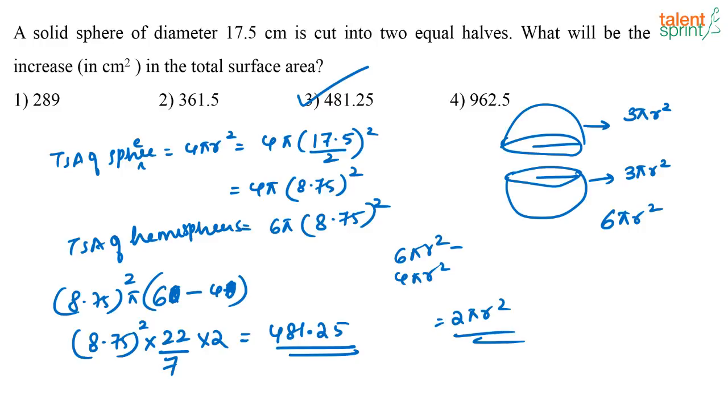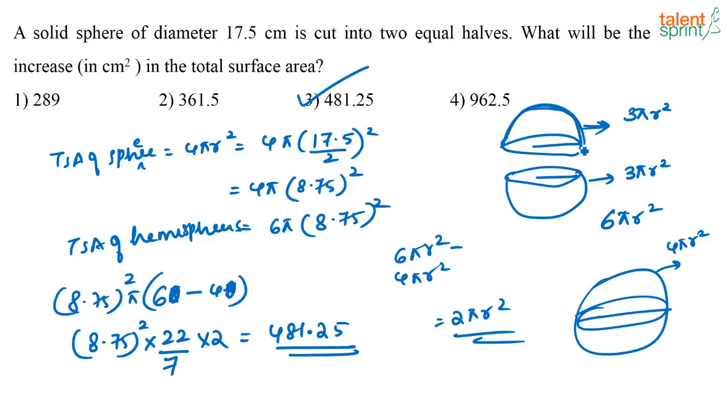Chinu, total surface area of a hemisphere, okay, is 3 pi r squared. See, one big sphere is cut into 2 hemispheres. So, this full sphere's total surface area is 4 pi r squared. Now, if you look at a hemisphere, its total surface area is given as 3 pi r squared. See, the curved surface area of a hemisphere is actually 2 pi r squared, and this circular region is pi r squared.